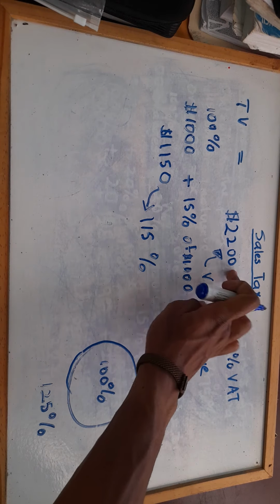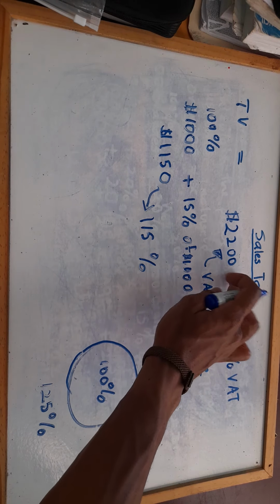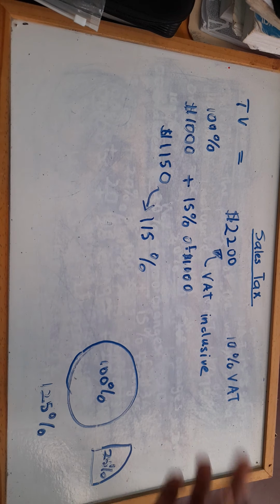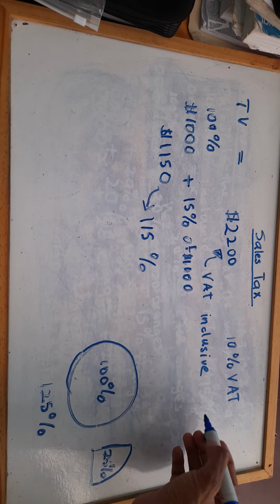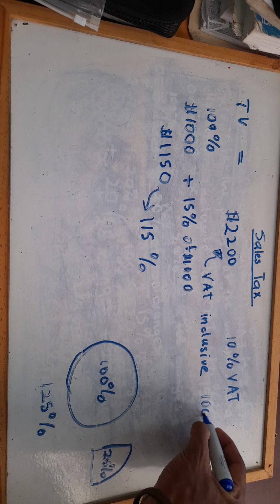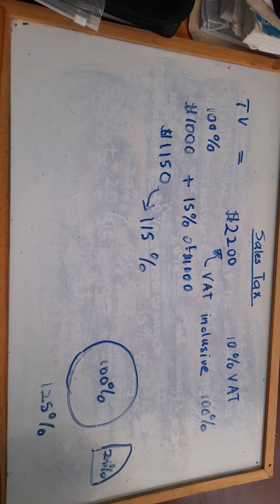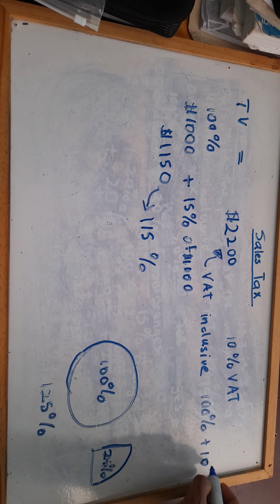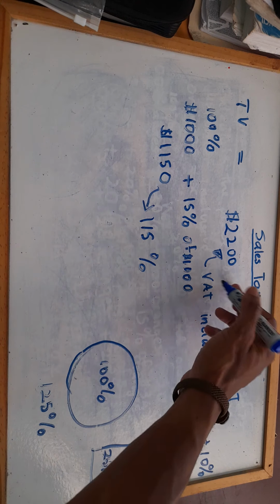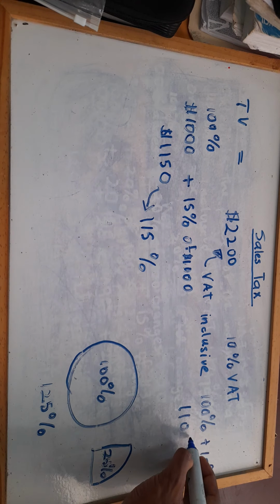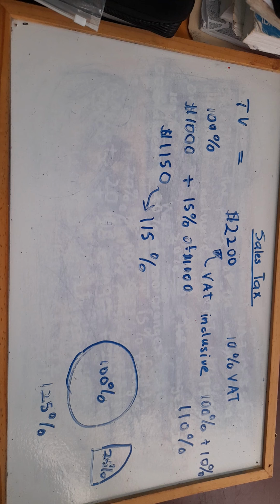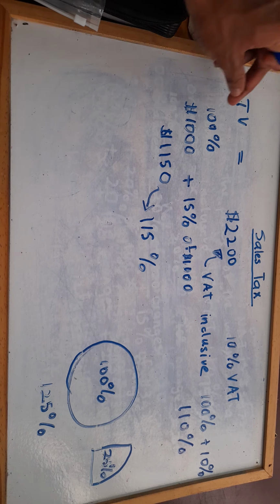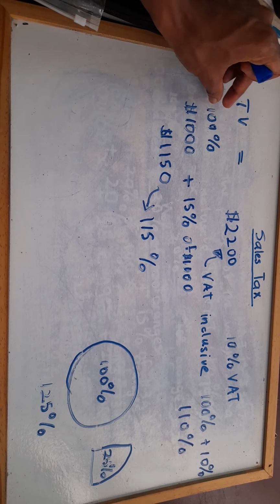So this problem, $2,200, already has VAT of 10%. So our price before was 100%. Then we had to add in the 10%, the VAT. So this price is 110%. Now, if somebody wants a VAT exclusive price, price before VAT, they want the 100% cost.